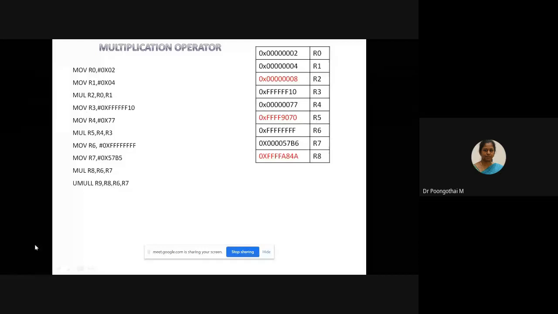According to this, the ARM Cortex M4 only has a multiply instruction. We don't have a signed multiply instruction.